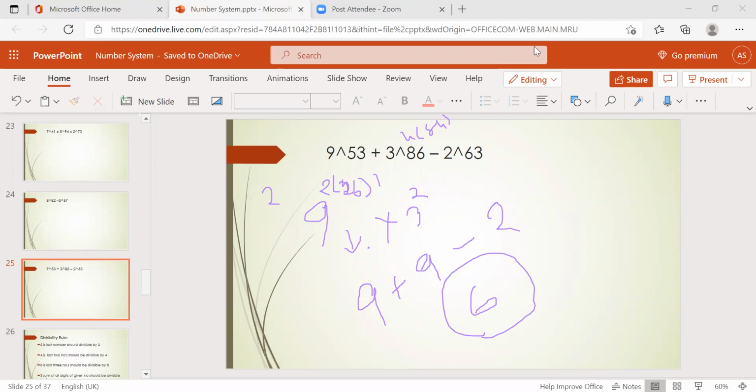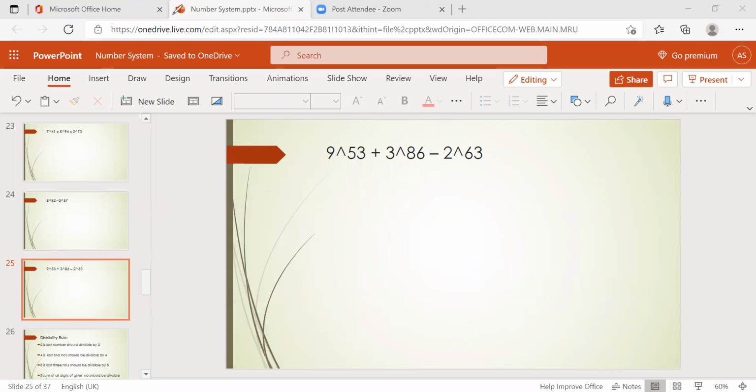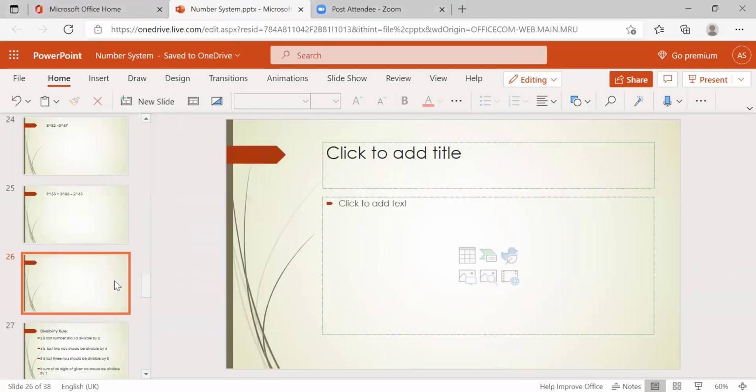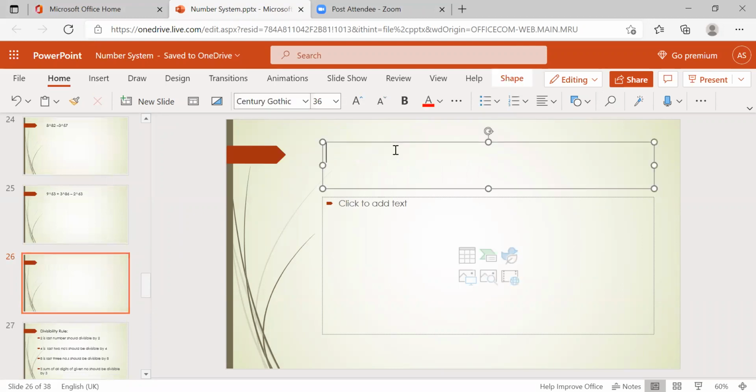Now check this. Another number, another question. 7 power.